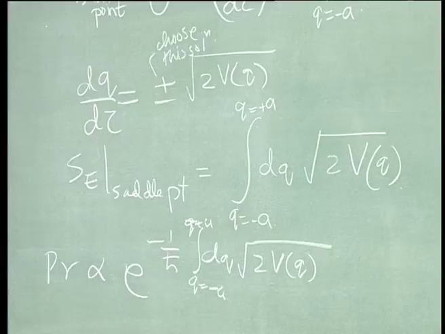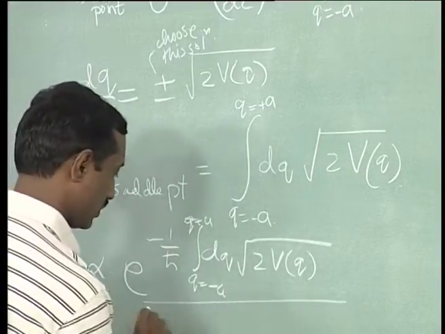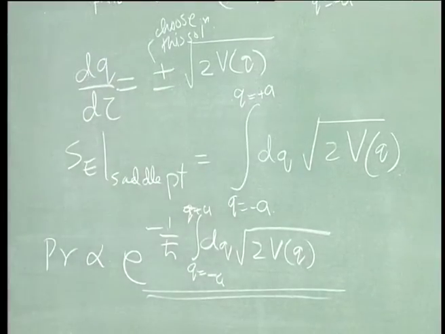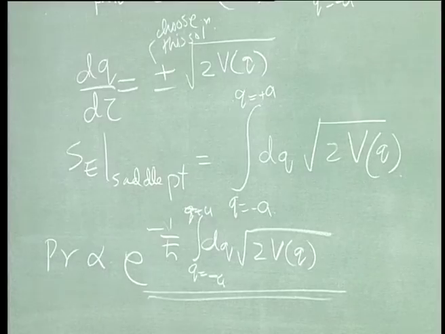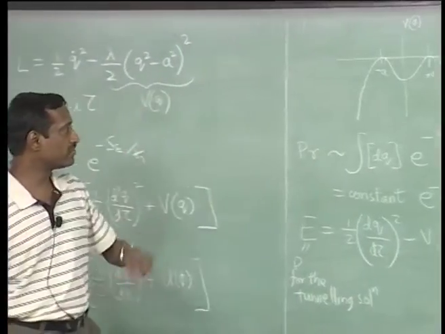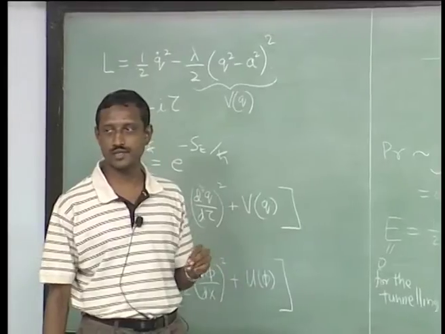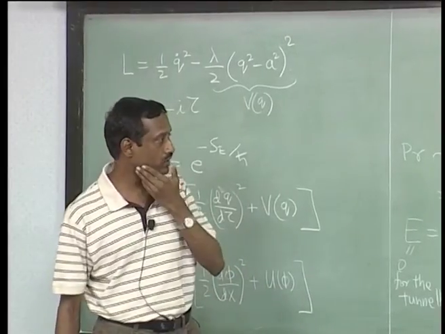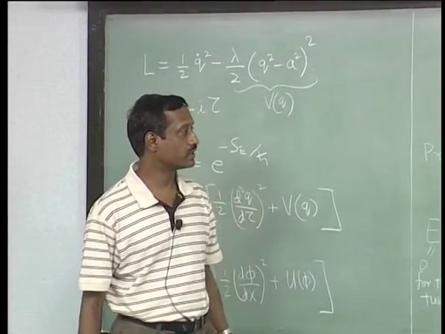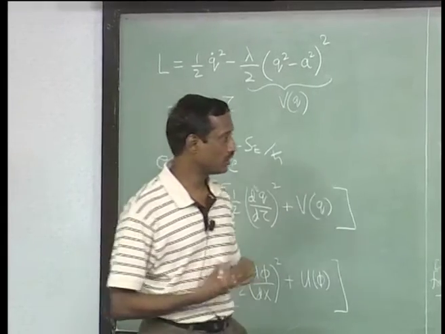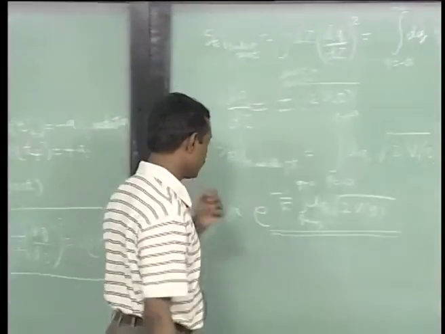Okay. So, this agrees with the saddle point thing for this problem. Okay. So, this is the way of understanding this. There are prefactors, etc., but you can fix all those things correctly, and if you want to you can look up some of the literature, for instance Coleman's lectures.